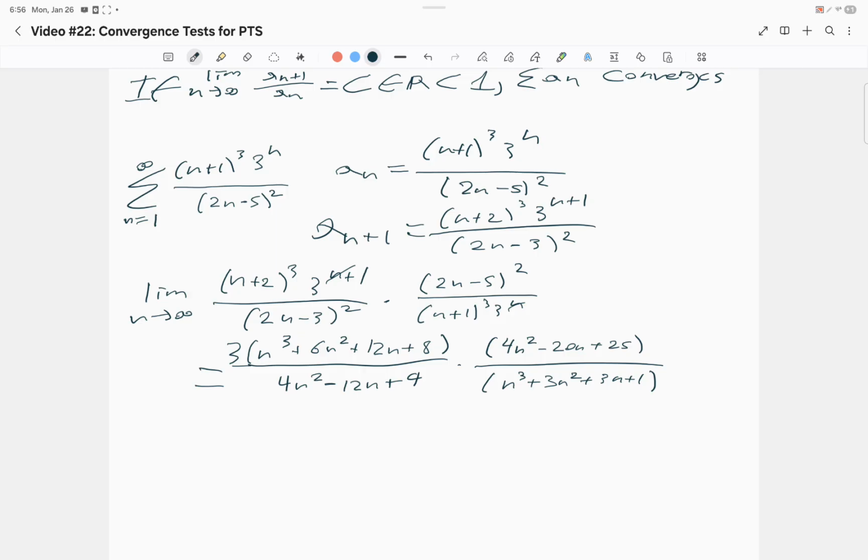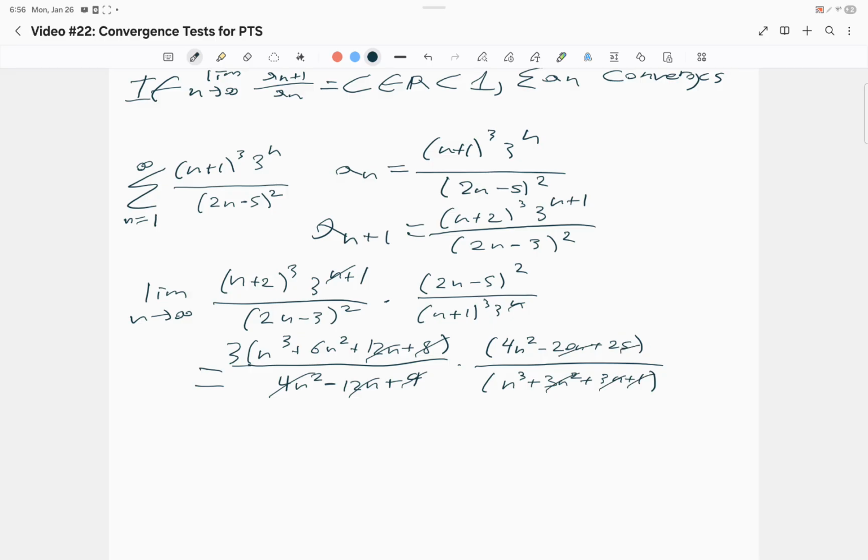All right, and so as we approach infinity, what's going to happen here? A lot of fun stuff's going to happen. All the n terms and the constants aren't going to play much of a role right off the bat.